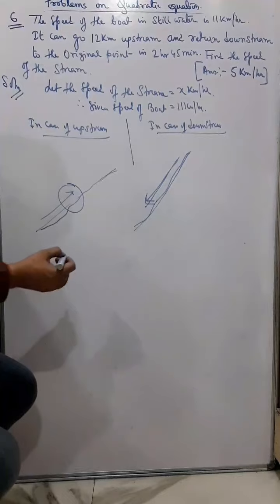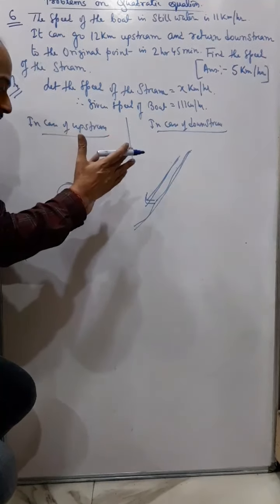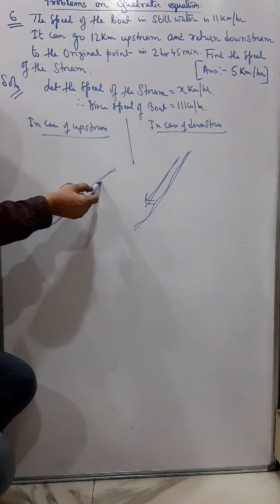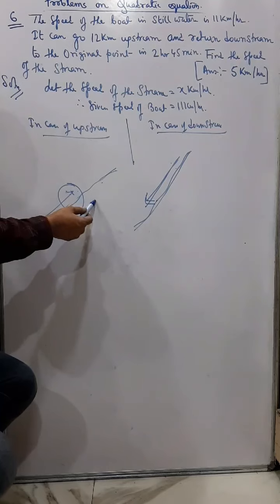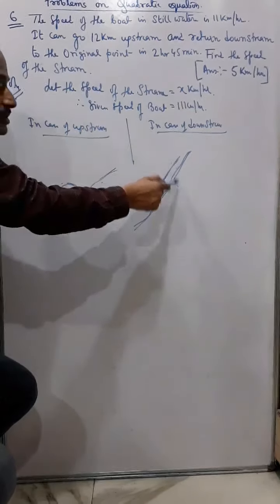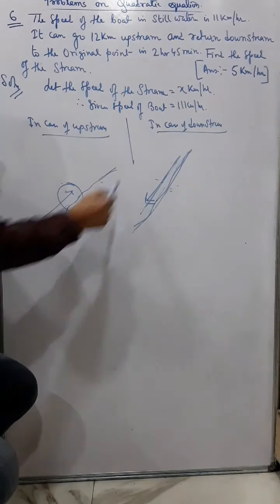In that case also we have to use the relative speed. In case of upstream, the boat is going against the stream and therefore the relative speed decreases. But in case of downstream, the boat is going along the stream and therefore the relative speed increases.